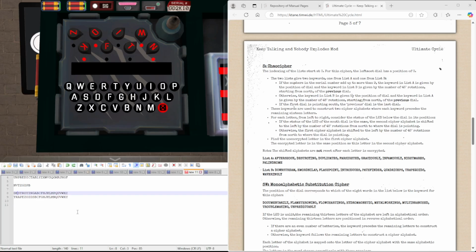Actually, I think in this case we're going to have to do it total. Do it from the end to the start.